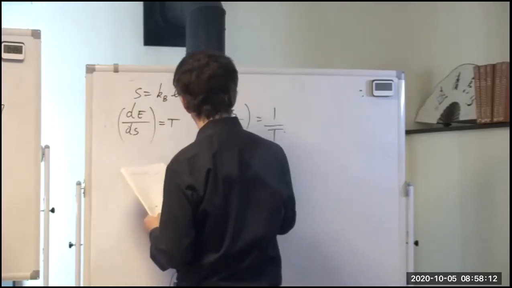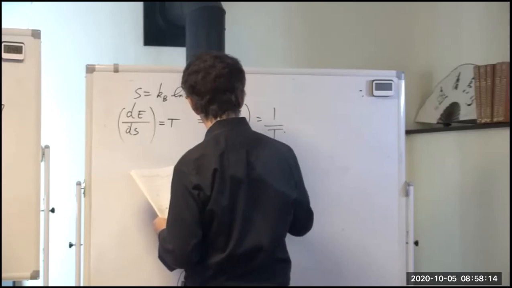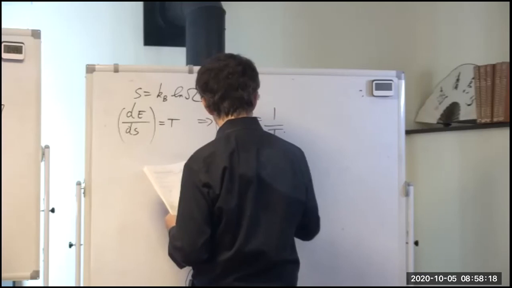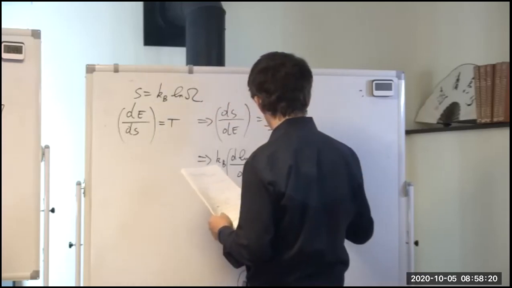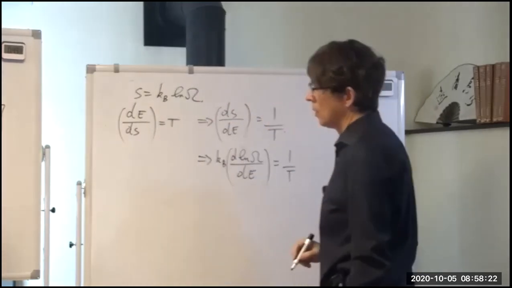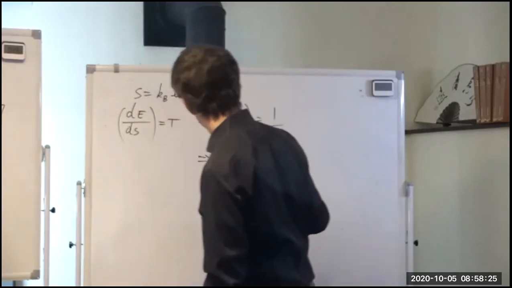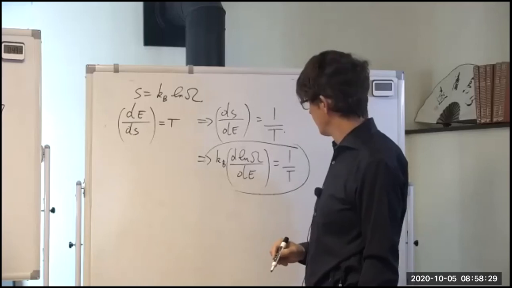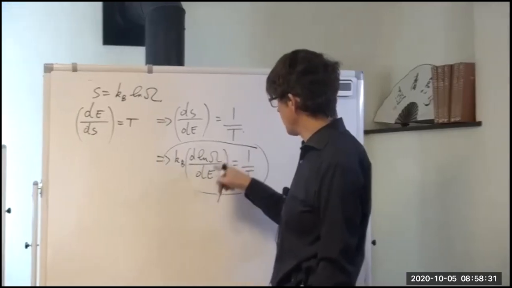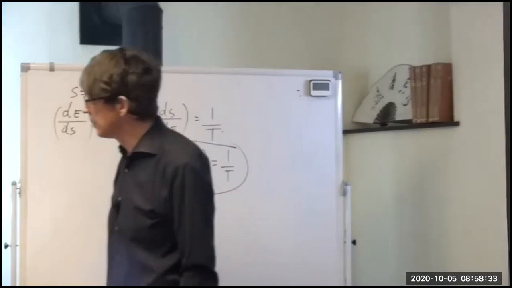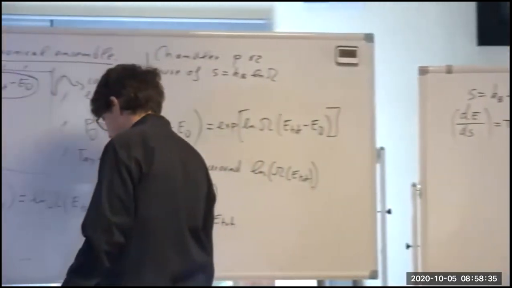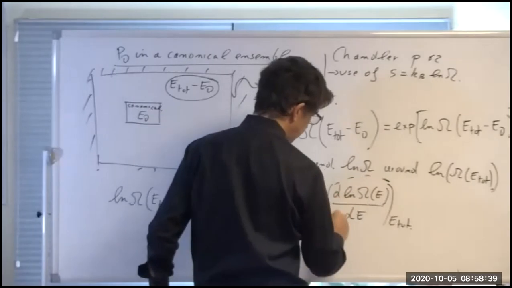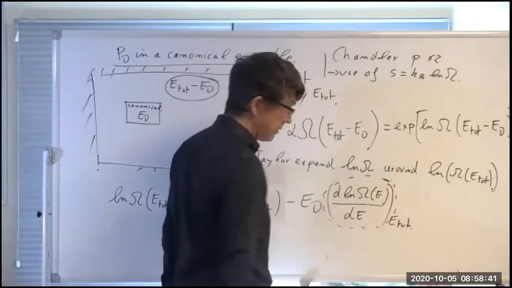And S is kB log omega. So what you get is that kB d log omega/dE is 1 over T. So d log omega/dE is going to be 1 over kBT. So this bad boy here, right?